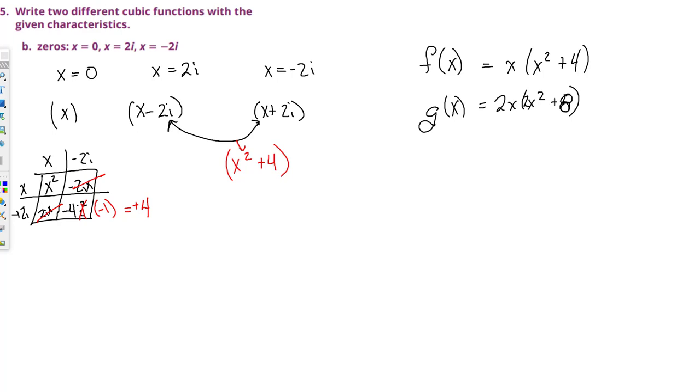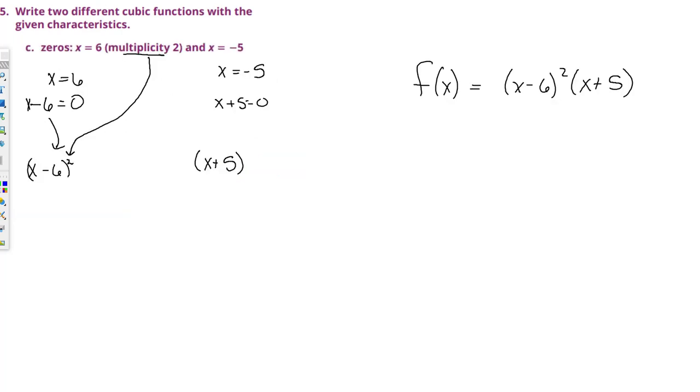So now go through the other ones and find them. So when it says a multiplicity of 2, that means the exponent's 2. So you go through and you find the factors the same way. You just put an exponent of 2 on the one that's a multiplicity of 2.